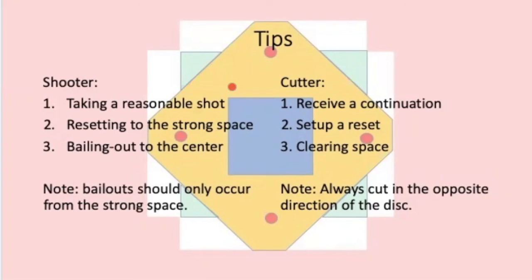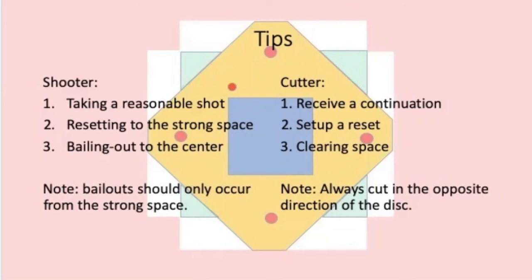If you ever get to a high stall count, you should not be thinking about taking corner shots. You should just be looking to reset it to the strong space, because that's the easiest part of the field on the outer offense to bail out to the center. If you try to bail out from either the recovery space or the weak space, it's just a harder shot to hit, and there's nothing stopping you from just doing a small dish pass into the strong space and taking the bailout from there. Just make that job as easy as possible.